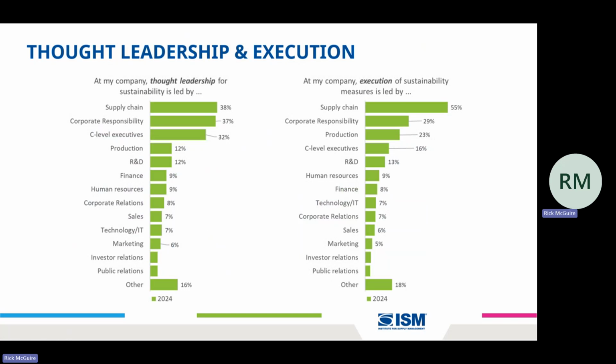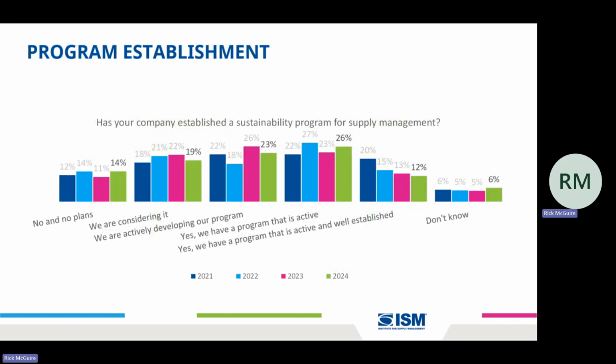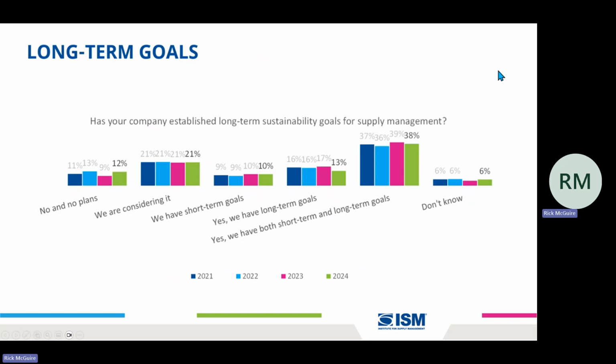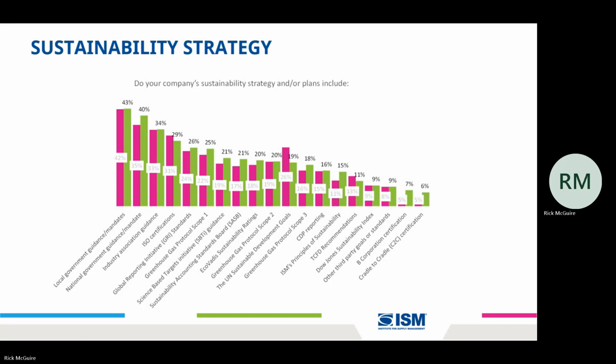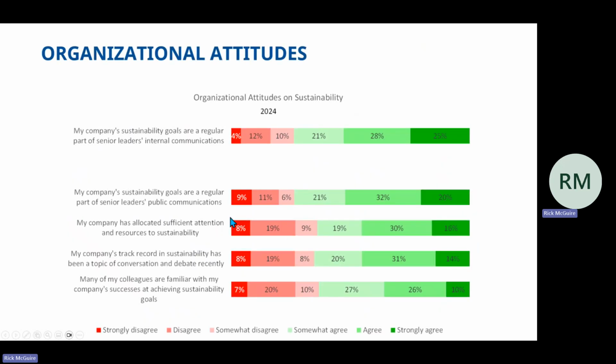Thought leadership and execution. Program establishment. Long-term goals. Do your company's sustainability strategy and plans include these? Training internal supply chain team on sustainability and train your suppliers. Not a lot of people train their suppliers.